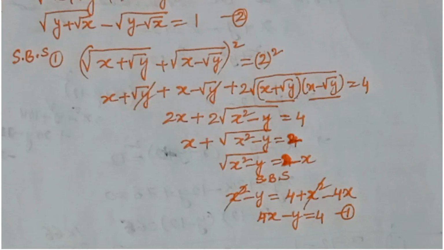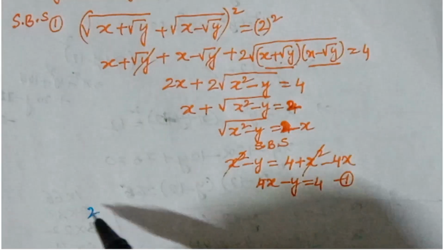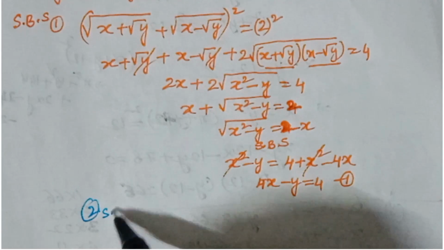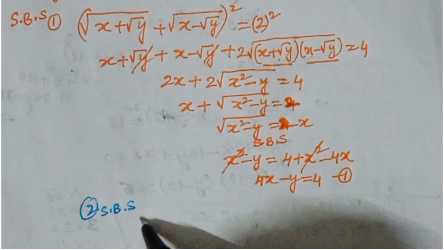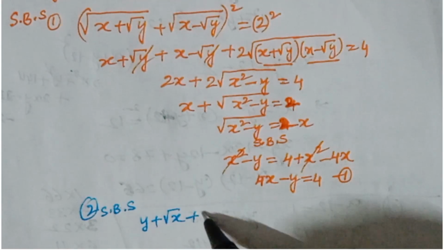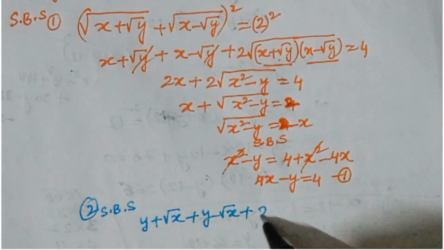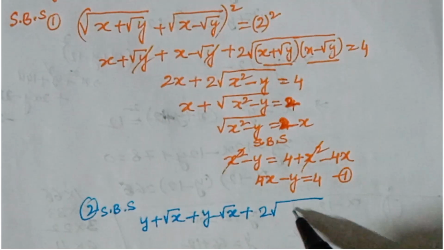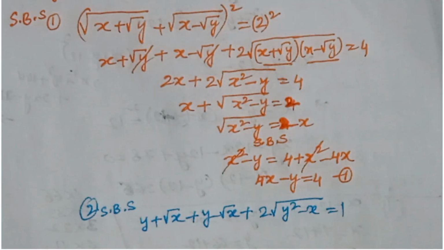Now if you take the second equation, also squaring on both sides. Directly I am writing y plus root x plus y minus root x plus 2 root of y square minus x is equal to 1.